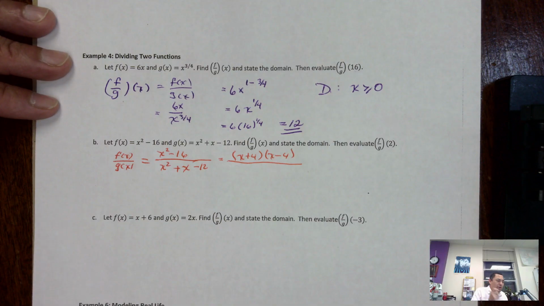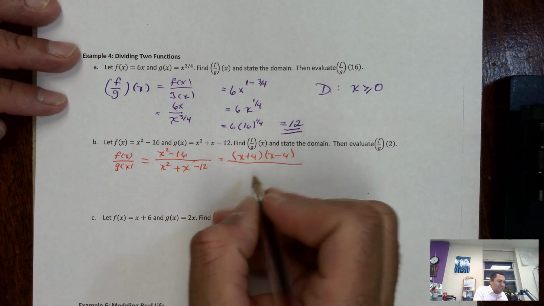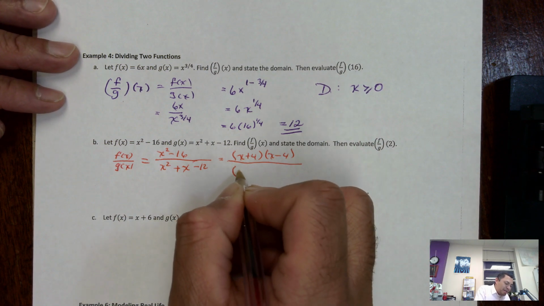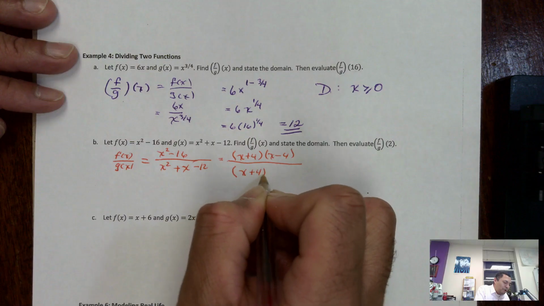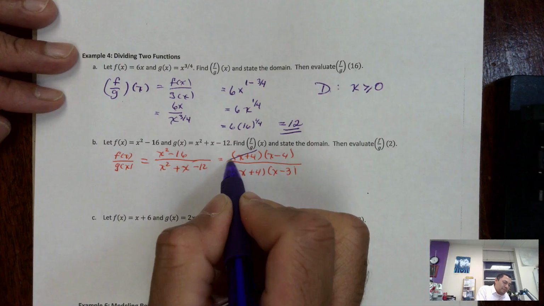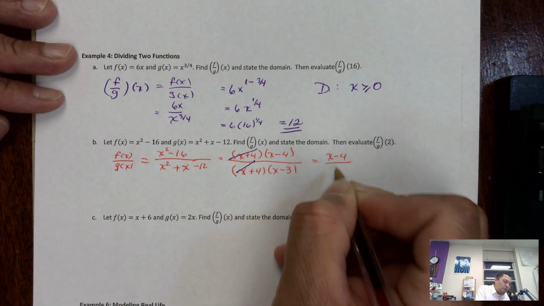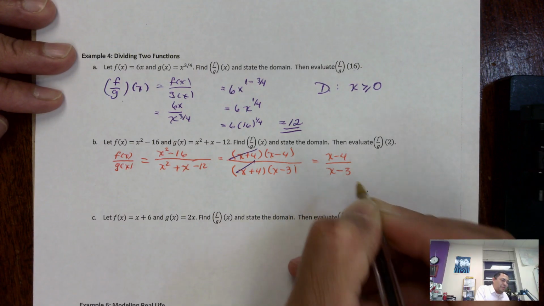I have negative 12, so I need two numbers that multiply to give me negative 12. In this case, 4 and 3: (x plus 4)(x minus 3). These two cancel out, so what I'm going to have left here is x minus 4 over x minus 3.